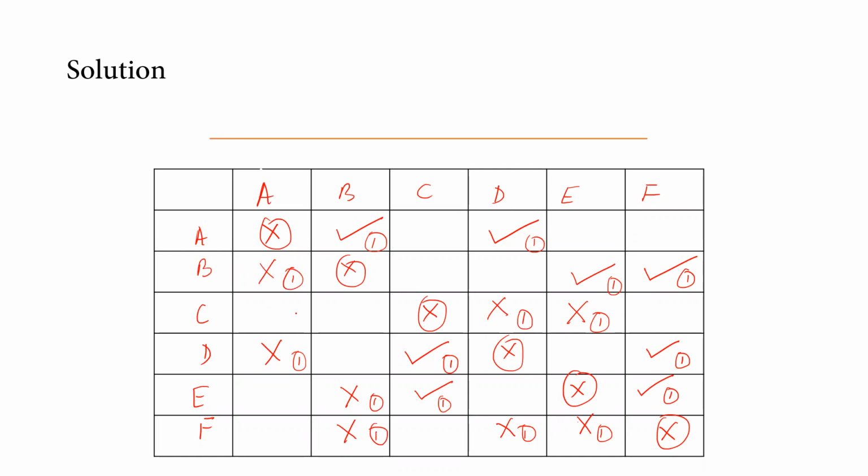And C as well would be the only team for which we have missing data now for 3 matches. So C has lost against A and A has won against C. Now, this completes the story of round one.